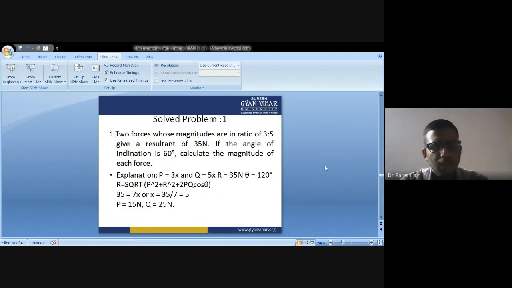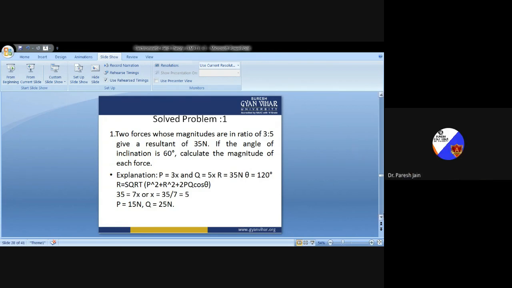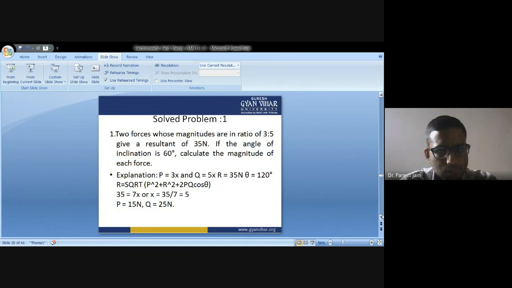In the next section we have some solved questions. Two forces whose magnitudes are in the ratio of 3:5 give a resultant of 35 Newton. If the angle of inclination is 60 degrees, calculate the magnitude of each force. Forces are vector quantities, in the ratio of 3:5.